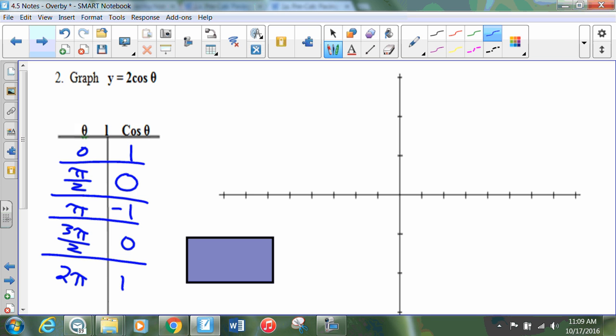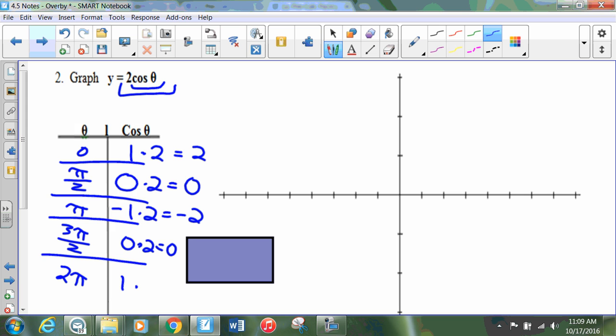I wrote down what they were as far as cosine, but this is 2 times cosine. So each one of these I have to multiply by 2. So 1 times 2, 2; 0; -2; 0; 2.